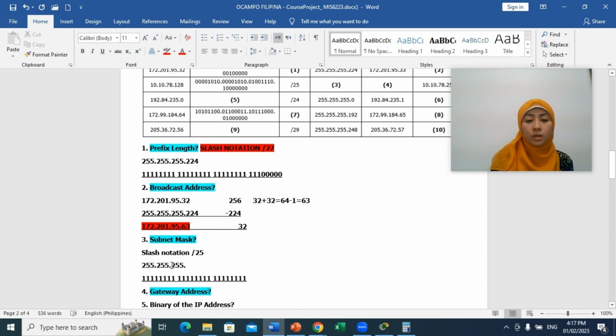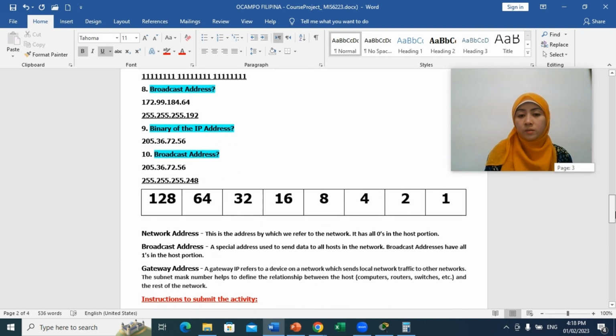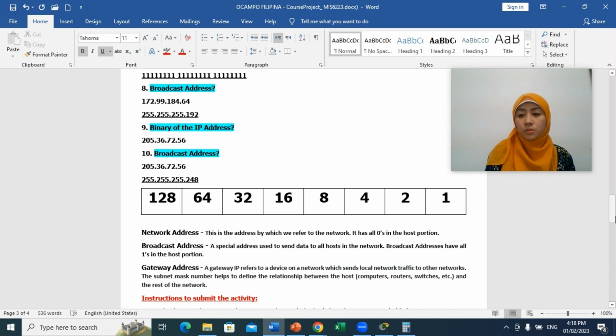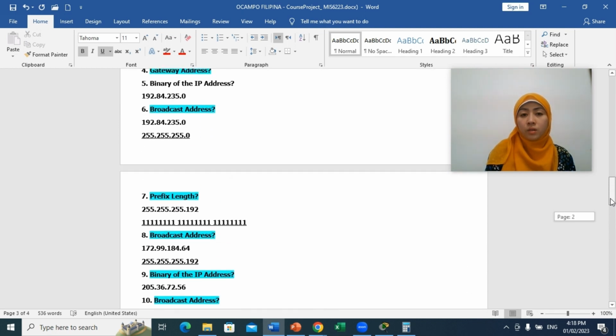So how will we do this? We need to compute the subnet mask and get the binary number. To do that, we need the value of 128 here.